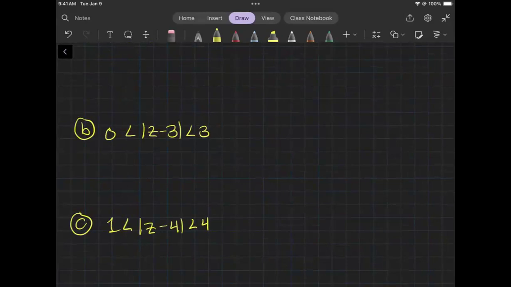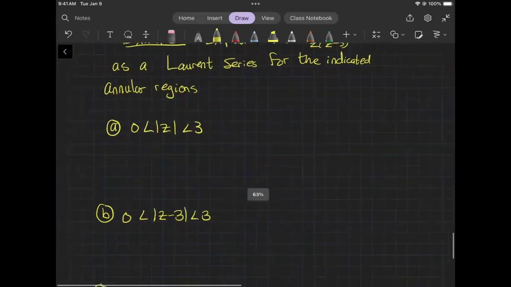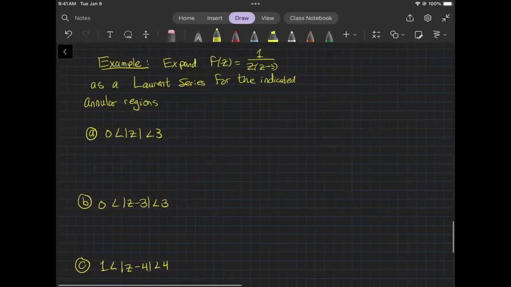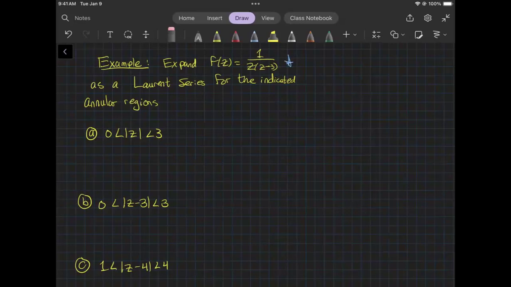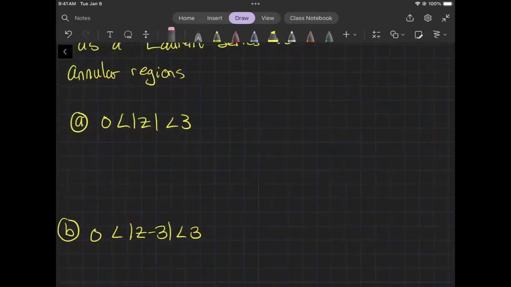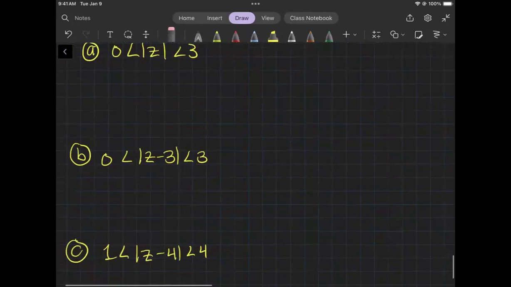If you want to, you can pause the video and try to figure out how we could expand this function as a Laurent series for each of these different annular domains. Otherwise, if you want to stick around and watch me do this work, you can do that too.